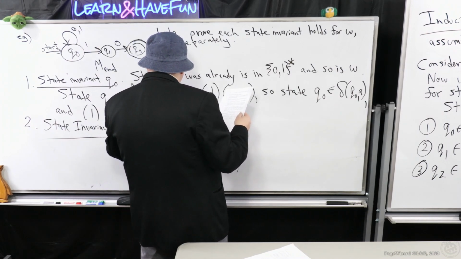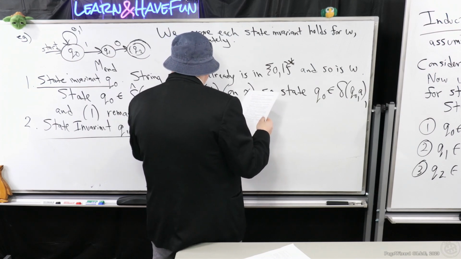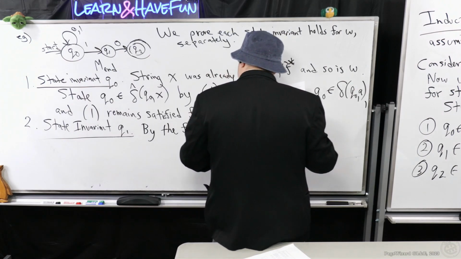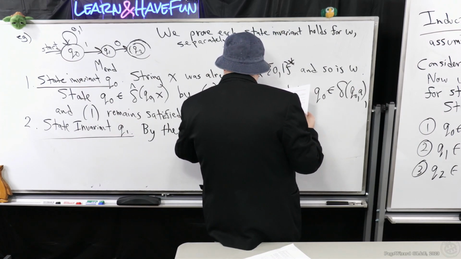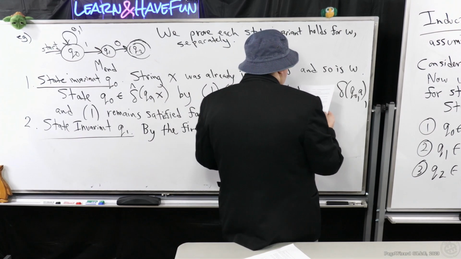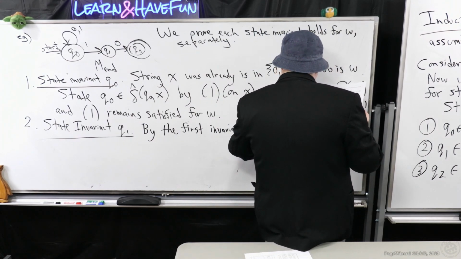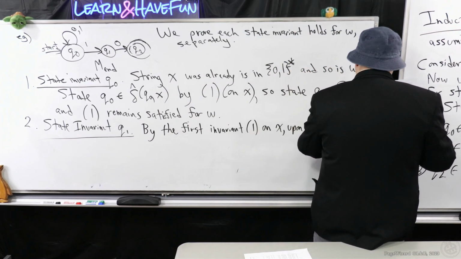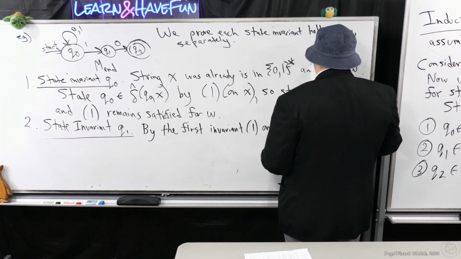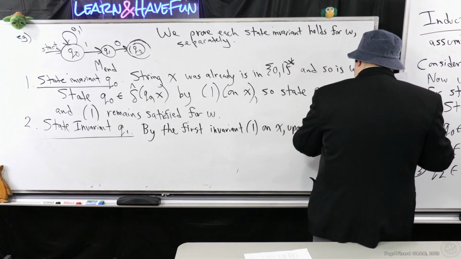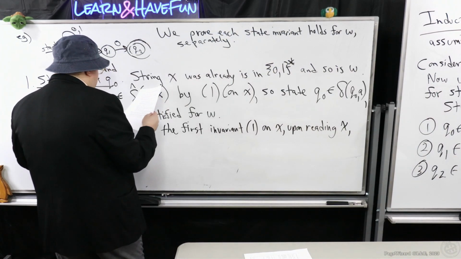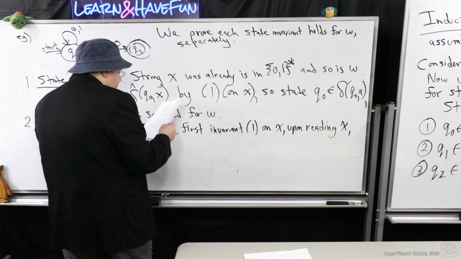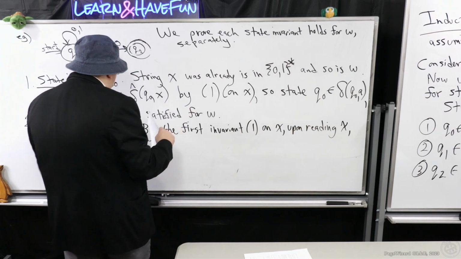So by the first invariant, which I get for free from number 1 over there on X, upon reading X, Q0 is in the set of states.